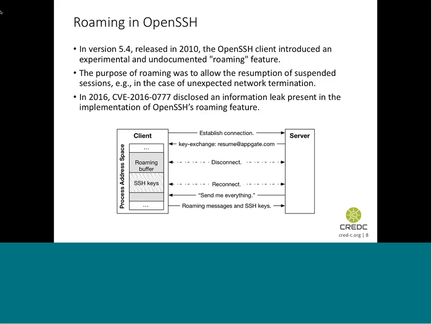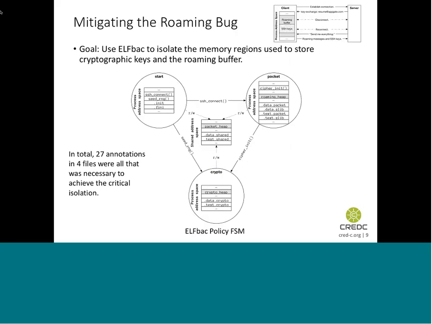So this is the problem that we wanted to solve, and we felt like ELFbac was the best way to do that. So how could we go about doing that? The goal is to isolate the cryptographic keys from the region of memory that holds the roaming buffer, right?